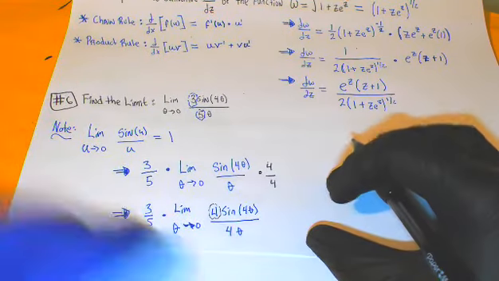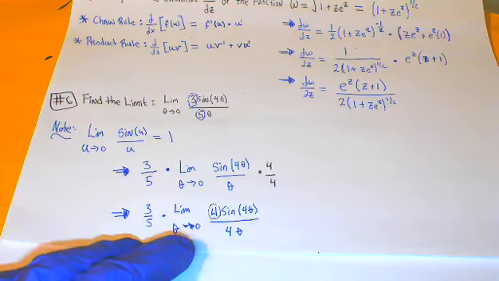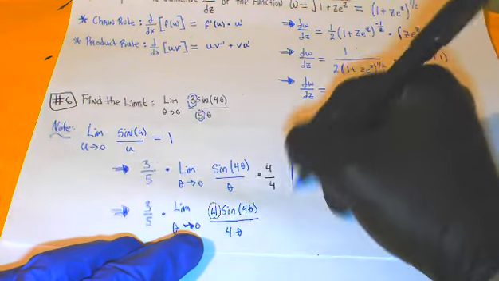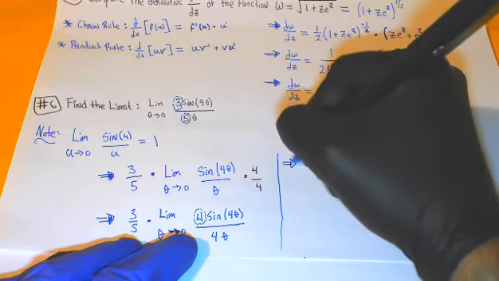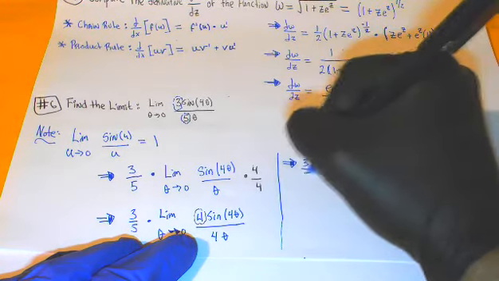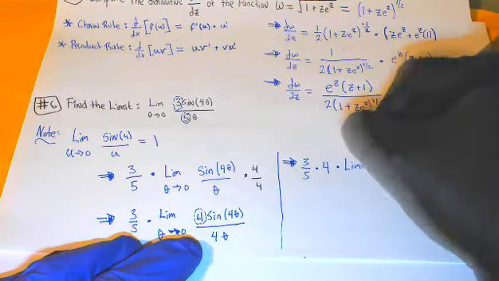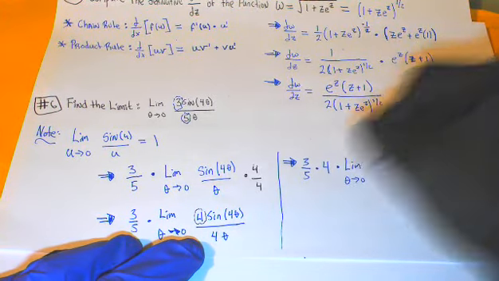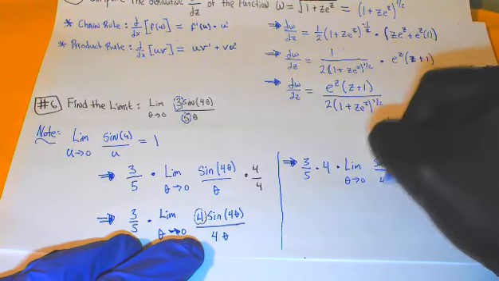So I'm going to have 3/5 times 4 times the limit as theta approaches 0 of sine of 4 theta over 4 theta.